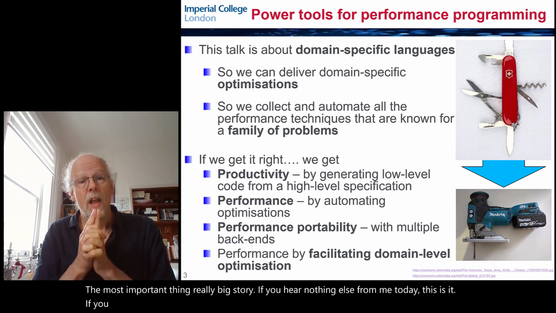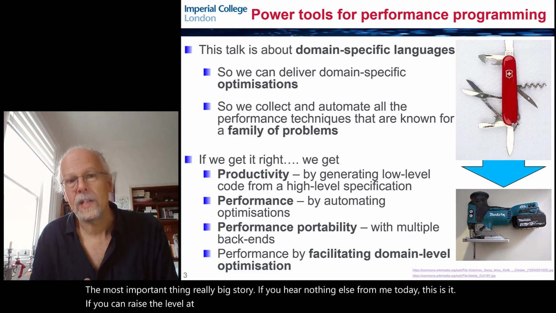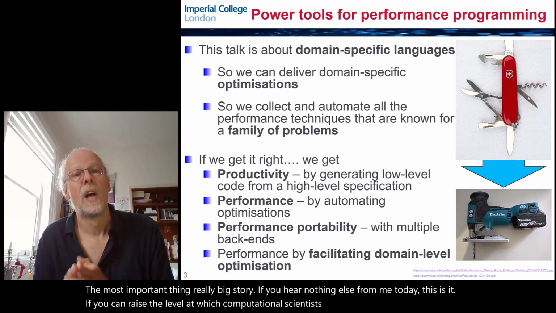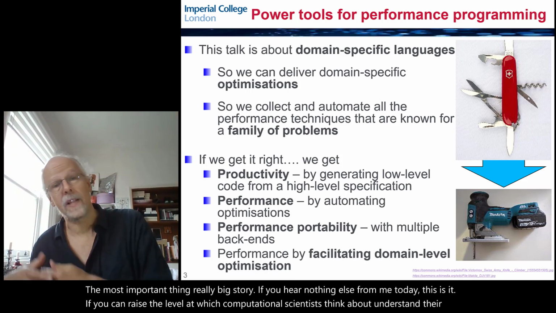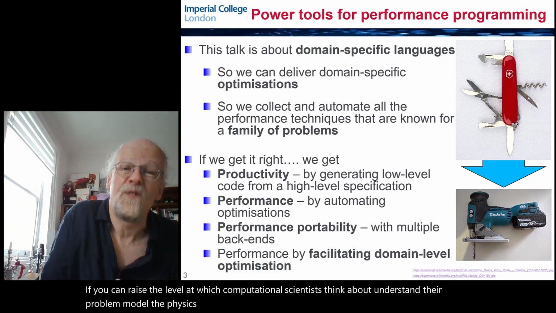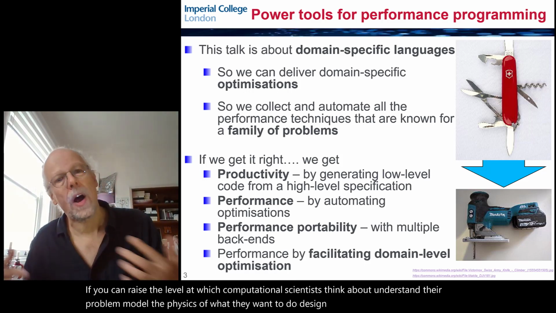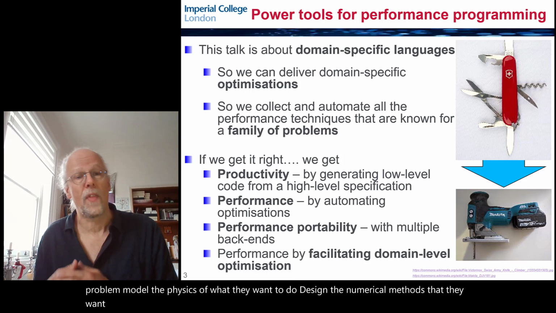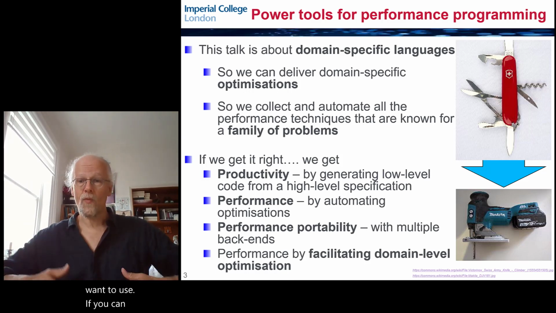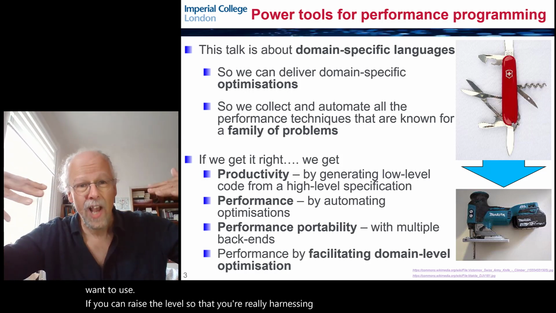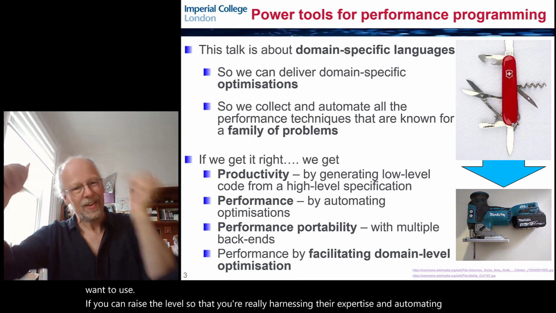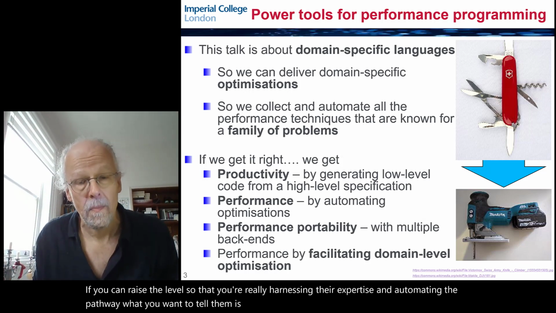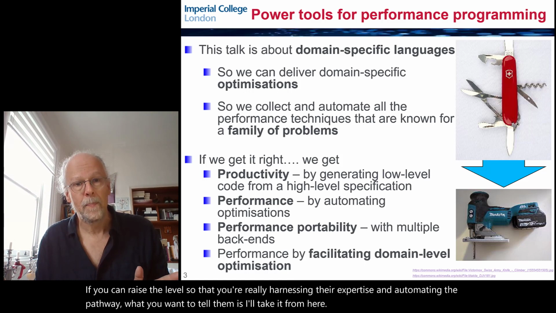If you can raise the level at which computational scientists think about, understand their problem, model the physics of what they want to do, design the numerical methods that they want to use, if you can raise the level so that you're really harnessing their expertise and automating the pathway, what you want to tell them is, I'll take it from here.